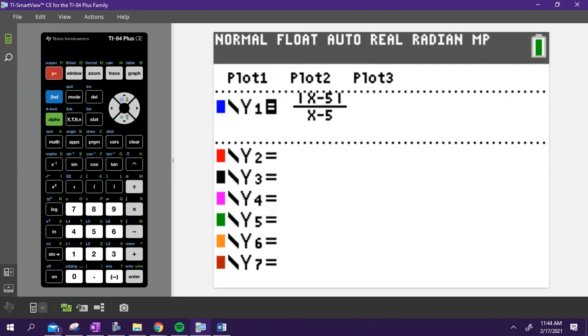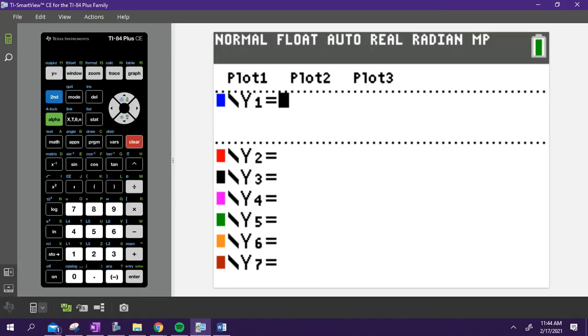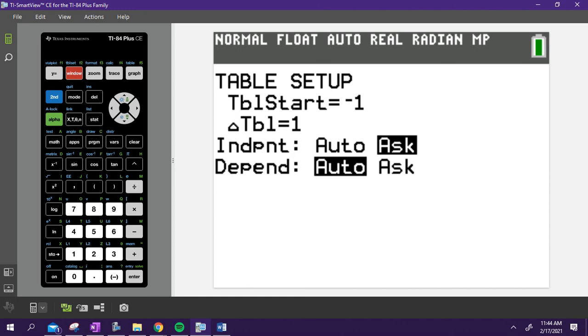Then let's hit the y equals button. So in the y equals button, we are going to type in our equation. Our equation here is that 5x squared. So for y1, we're going to type in 5x squared. And this thing we really only need to do once, but we're going to go second and then the window button to get me table set. So second table set right here. I really don't care about any of the table starts or anything like that.